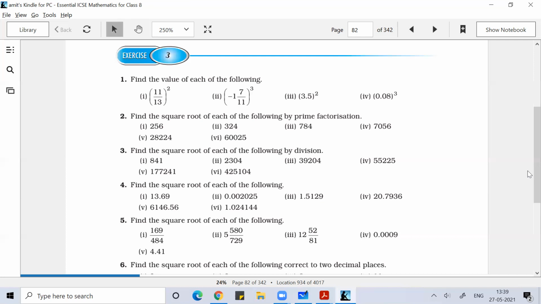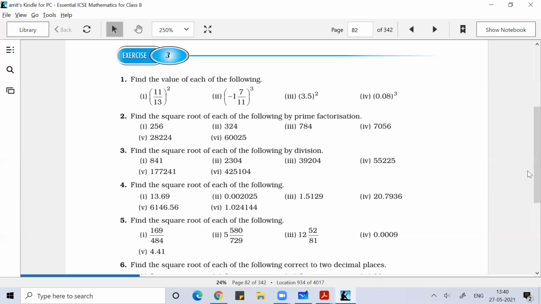Sorry, sir. Wait, one minute. Where have I gone wrong? So I think it's 421 square. Wrong. So 421 must be wrong, yeah? Square root of 28224, that is the same, right? No, where have I gone wrong?